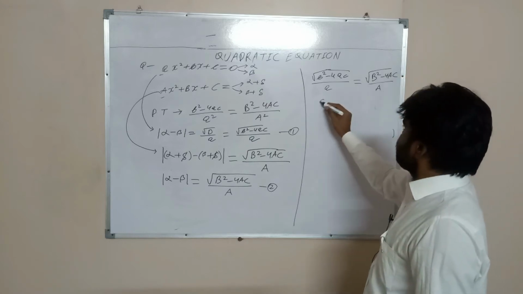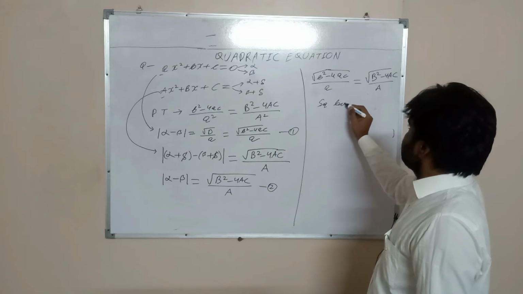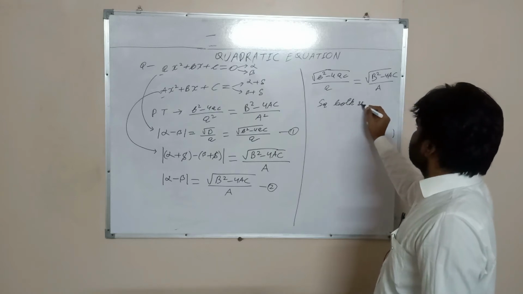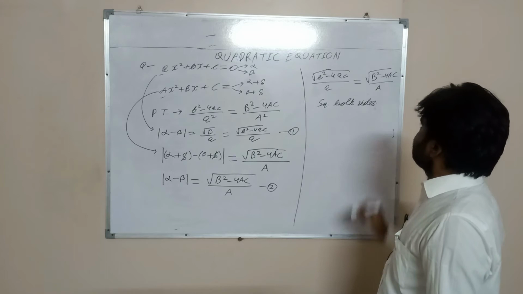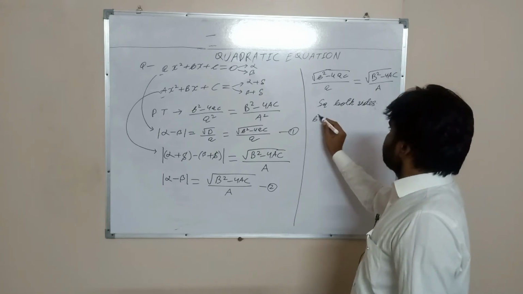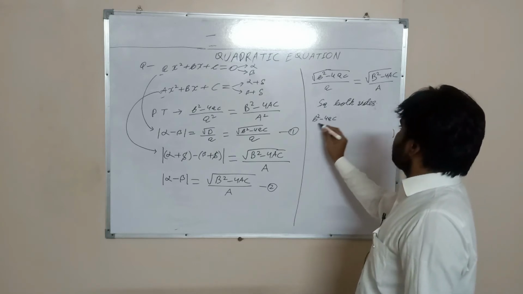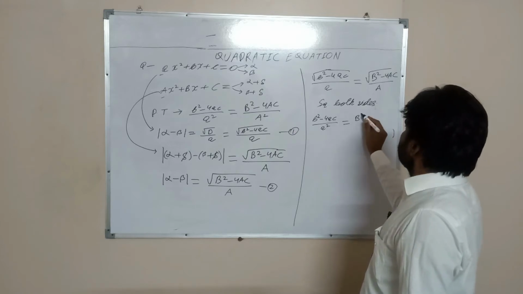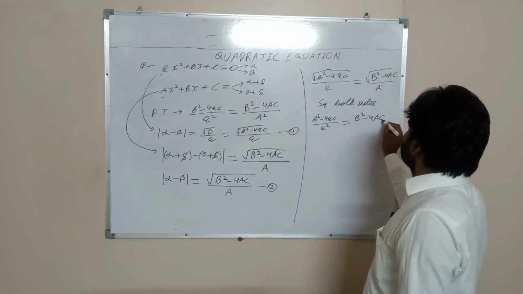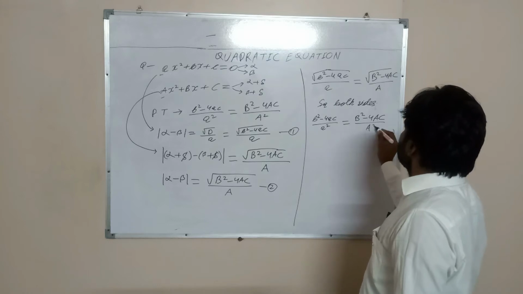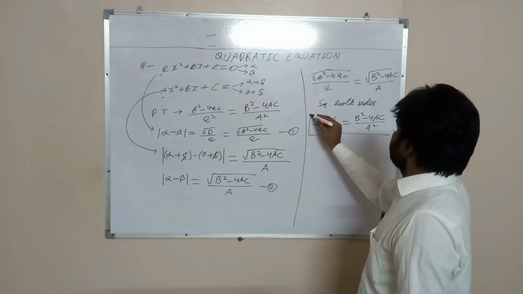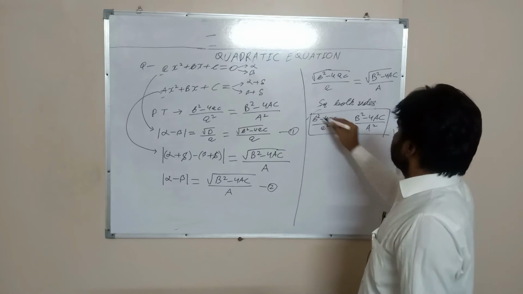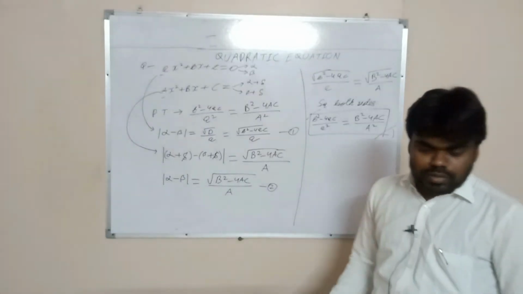When we square both the sides, we get b square minus 4ac upon a square is equal to b square minus 4ac upon a square. Now, so hence proved.